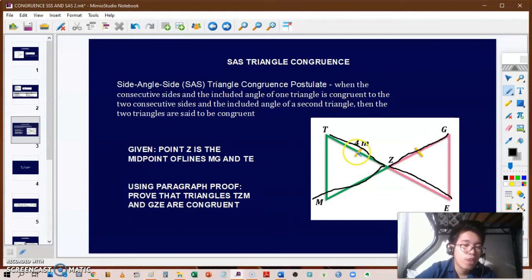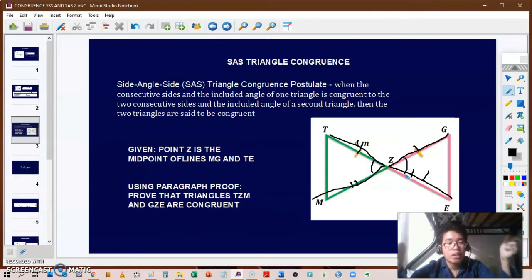If these two pairs of consecutive sides are congruent, and the included angle, the angle inside those two consecutive sides or rays, is congruent as well, then we can say that the two triangles are congruent based on the SAS congruence postulate.